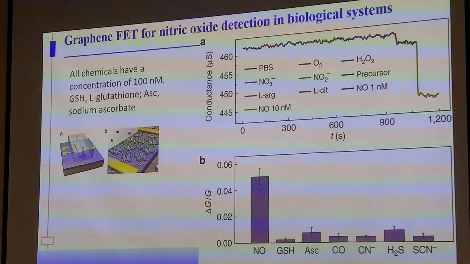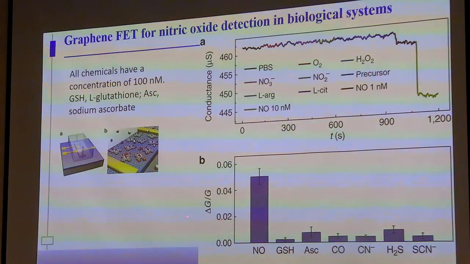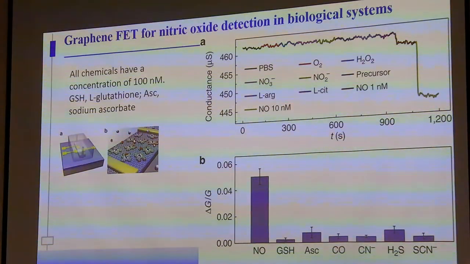Here the device has been exposed to different ions, and you can see there is no response for all those ions except NO. Here it's delta G divided by G, and clearly you can see it's highly selective for NO. It's not selective to other molecules or other ions. So a very interesting device, very specific for NO detection.